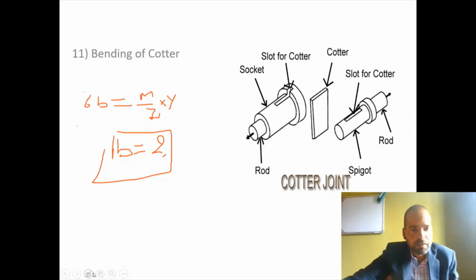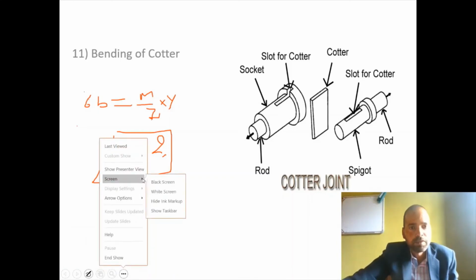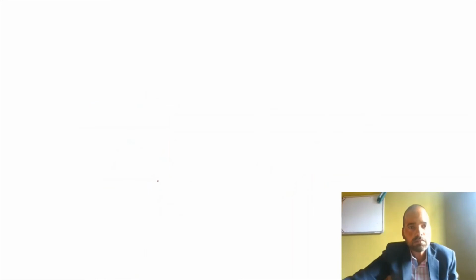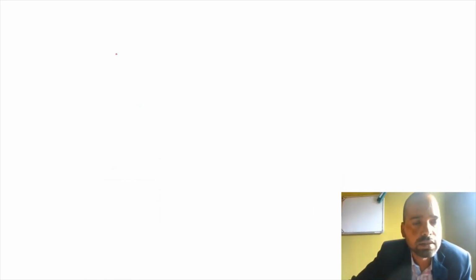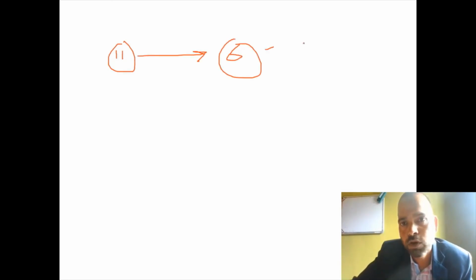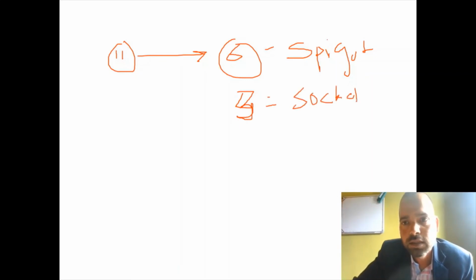Now to summarize, all the equations we have considered till now, we can say that we have used 11 equations. Out of those 11 equations, we have used 6 equations for design of spigot, then we have used 3 equations for design of socket, and we have used 2 equations for design of quarter.